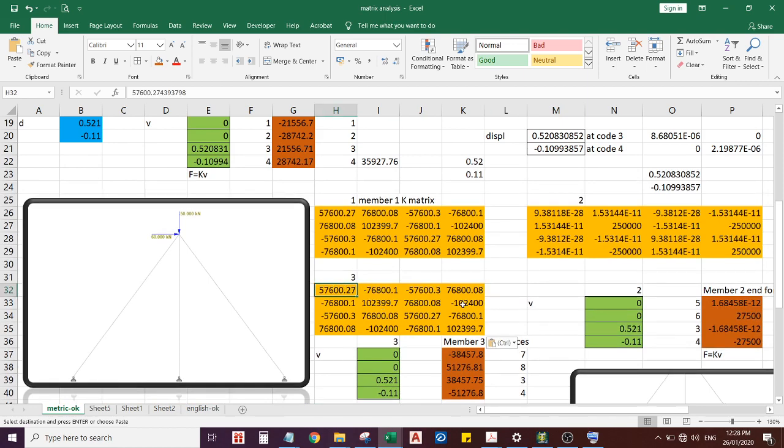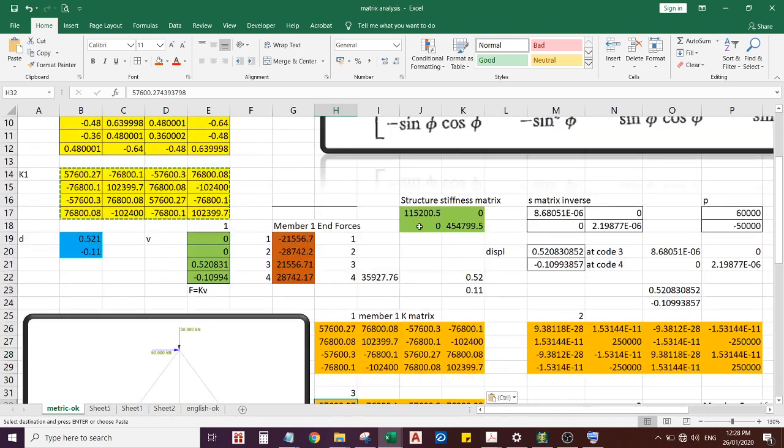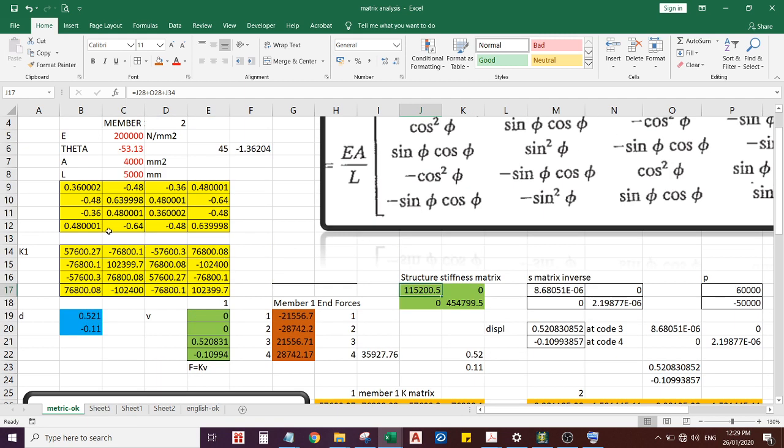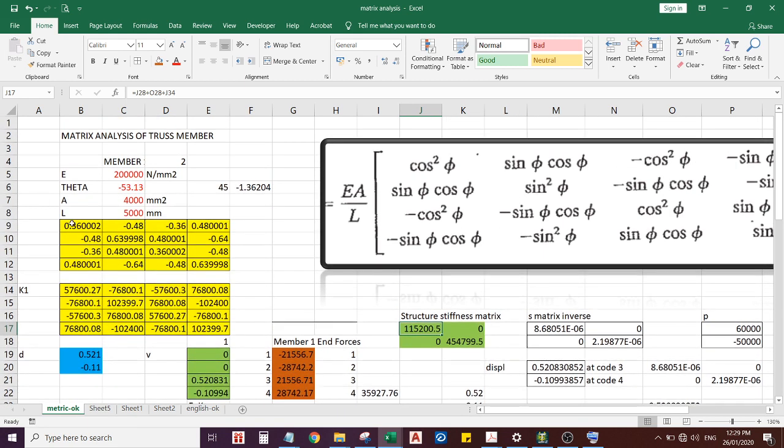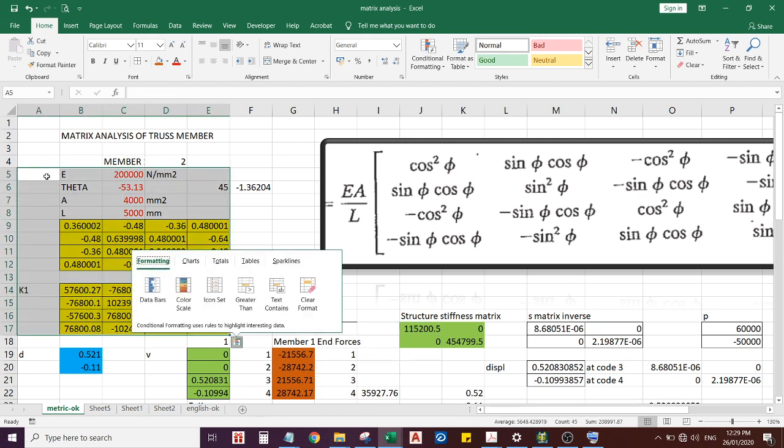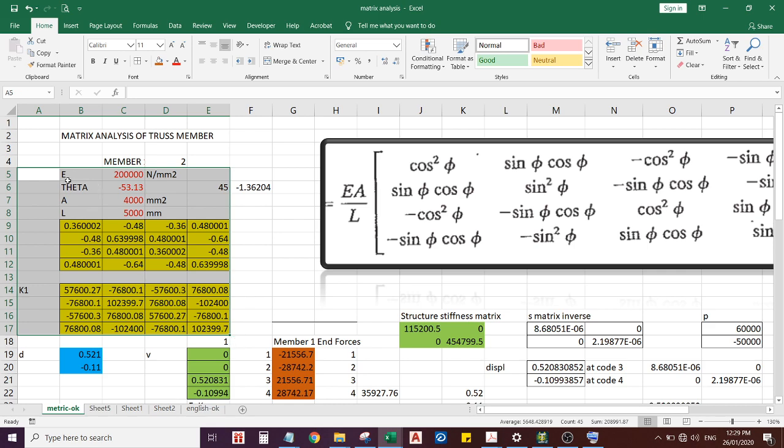So once I establish that, then it's time now to formulate our structure stiffness matrix. So press escape first. You also have the option to repeat this block depending on the number of members you have.